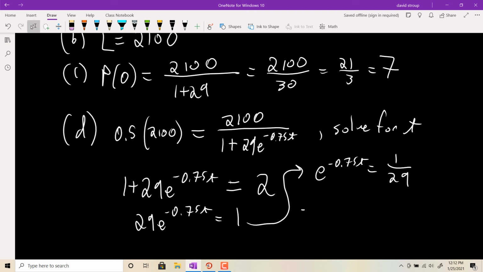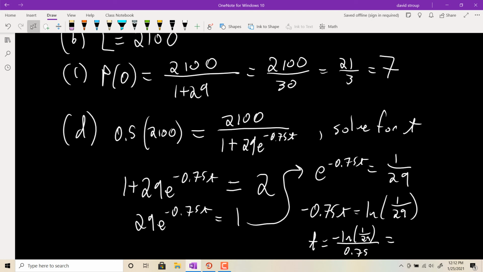Take natural logs. And divide. The calculator says this is approximately 4, and it's supposed to be in years. Okay.